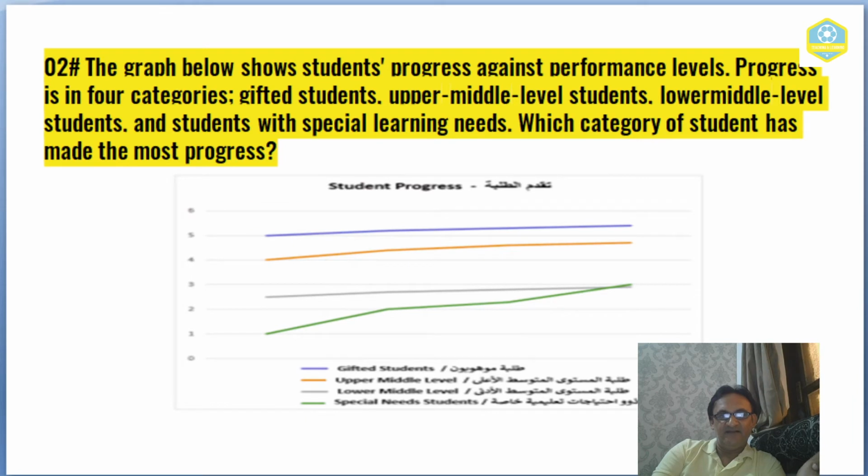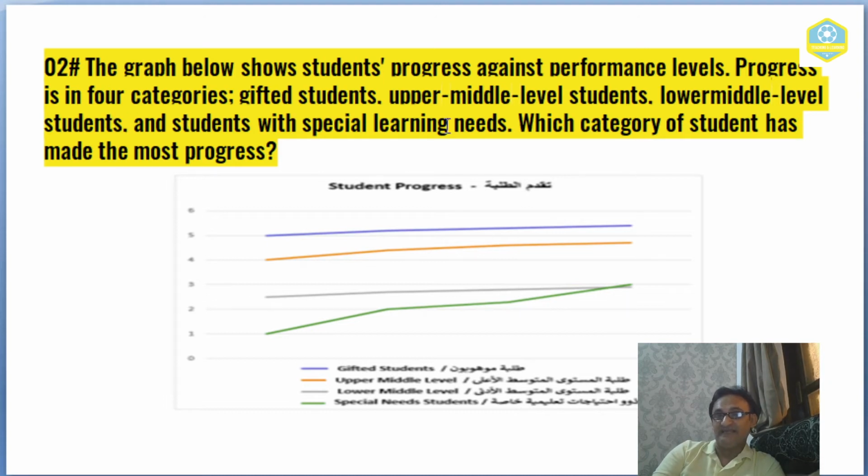Now here, in question number 2, it's about progress and performance. These are copied from the pedagogy TLS questions. The graph below shows students' progress against performance level. These colors are showing the performance of the students: gifted students, upper middle level, lower middle level, and students with special learning needs.